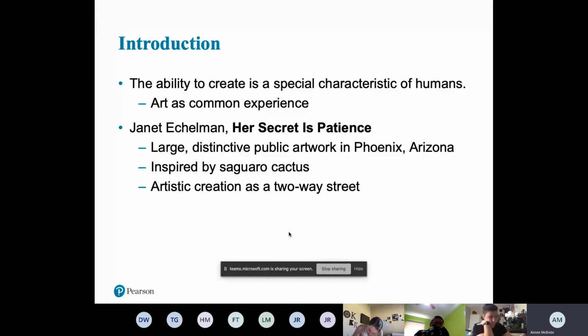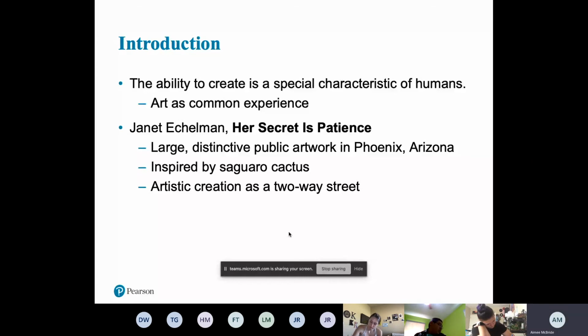And keep in mind that artistic creation is a two-way street. What I mean by that is that going back to the idea of culture that we talked about at the beginning, people see things and experience things differently. So the way that Livette and Kyra and Jason may view a cactus could all be different. We see things differently as people. We experience things differently as people.